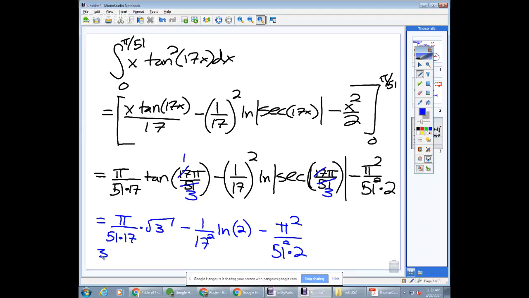Yeah, because 51 is 3 times 17, so there's a 17 squared, and 51 squared you could write as 3 squared times 17 squared. So everything has a 1 over 17 squared in it, and we can pull out a 1 over 17 squared. Big whoop. It's exciting. All right, so we have an answer. It kind of sort of simplifies with a 1 over 17 squared pulled out.